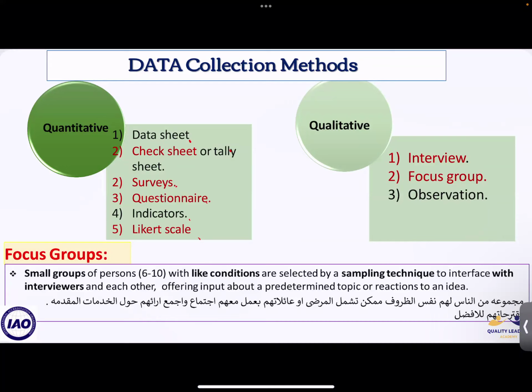As for qualitative data collection methods, they include conducting interviews, focus groups, and performing observations. What is the focus group? A focus group is a small group of people collected to participate in interviews with a specific focus. What does that mean?